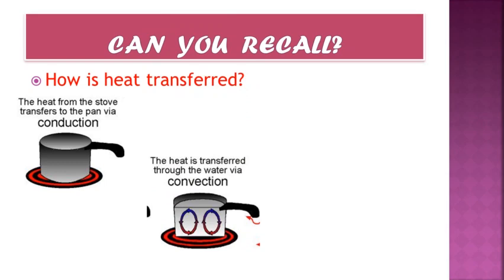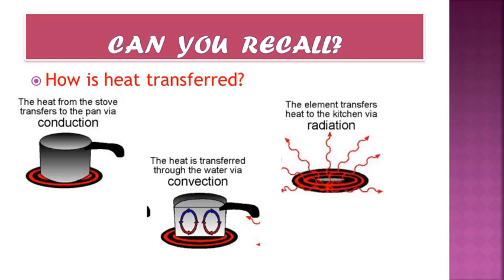Next is convection, and the heat is transferred through the water via convection. Third is the element transferring heat to the kitchen via radiation. So these three are the methods by which heat can be transferred: through solid, conduction; liquid, convection; and radiation.